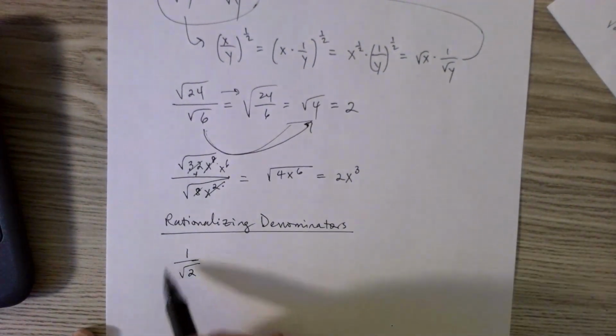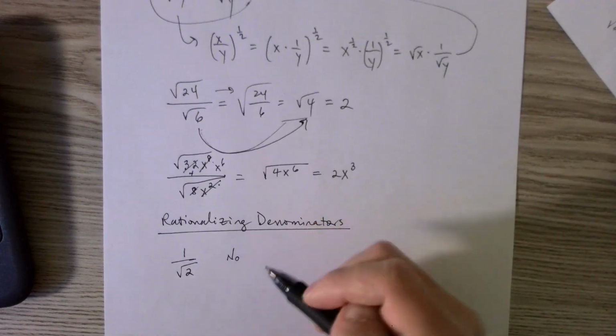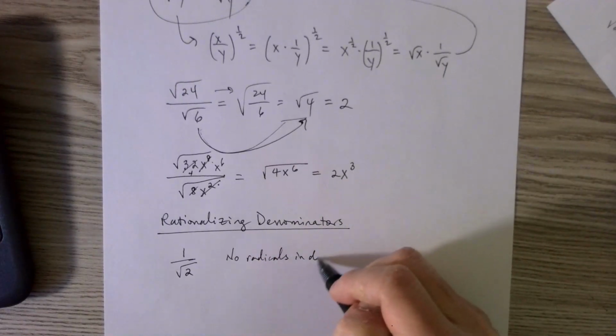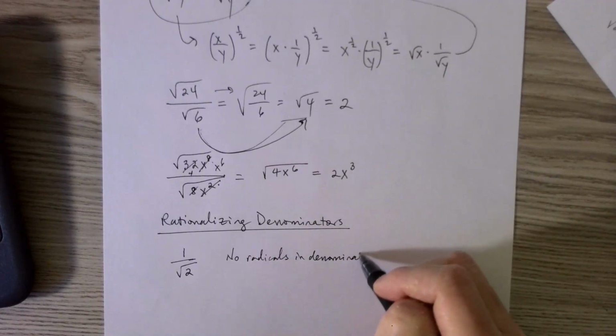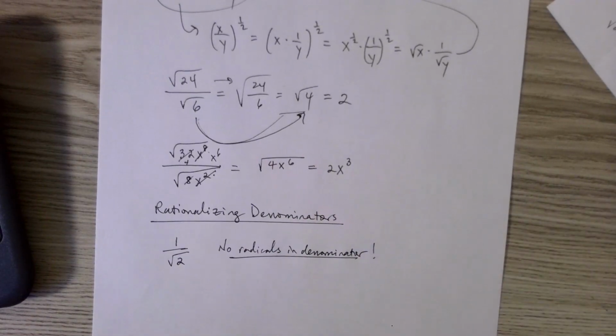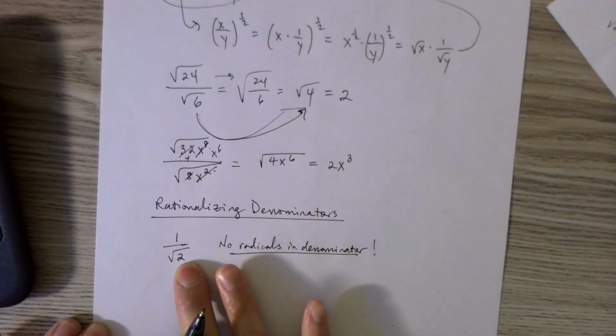However, this is not a suitable answer because we are not allowed to have radicals in the denominator. If we have any radicals in the denominator, we have to keep going a couple steps to get rid of that radical.